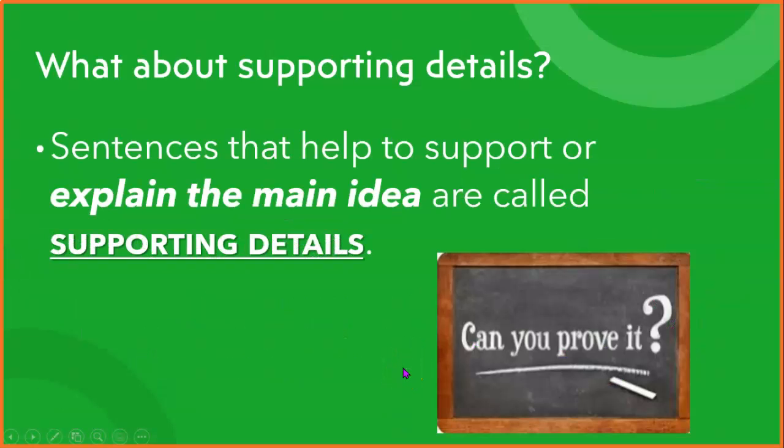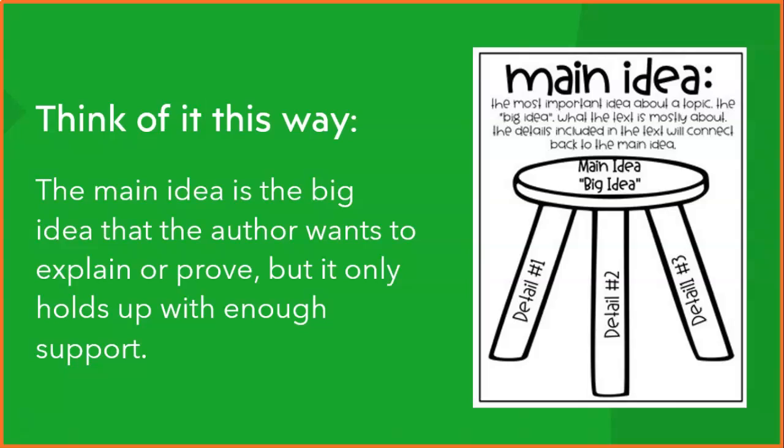A supporting detail, on the other hand, are the specific sentences or facts or details that are included to help explain or support the main idea. They prove whatever the author's main idea is. Think of it this way. The main idea is the big idea that the author wants to explain or prove, but it only holds up with enough support.